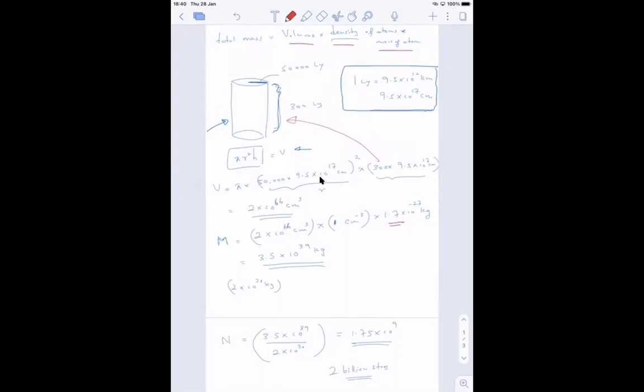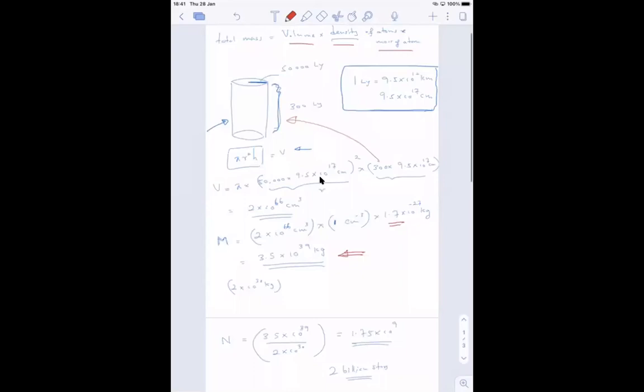Just by multiplying each of these quantities together, you get the mass of the interstellar matter, that is 3.5 times 10 to the power 39 kilograms, right? So I expect that even in an exam you should be able to do these kinds of simple calculations, right?